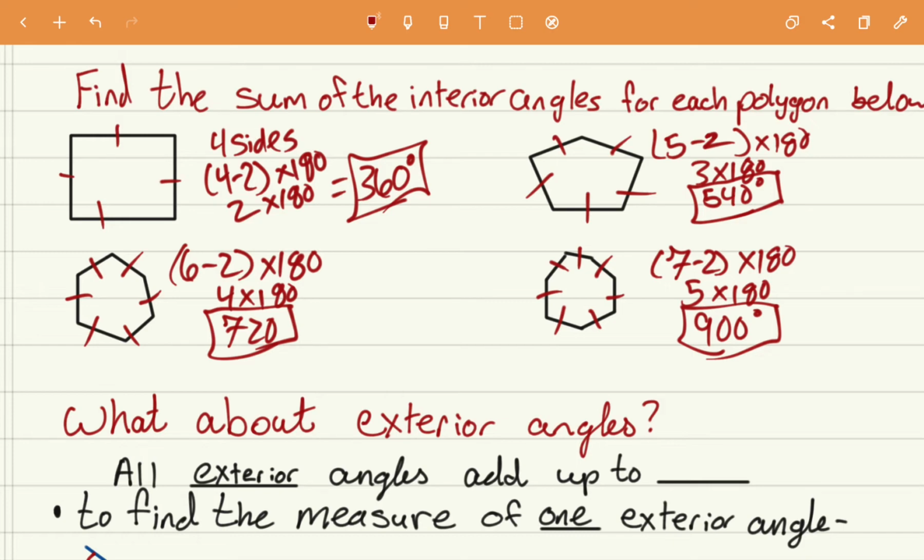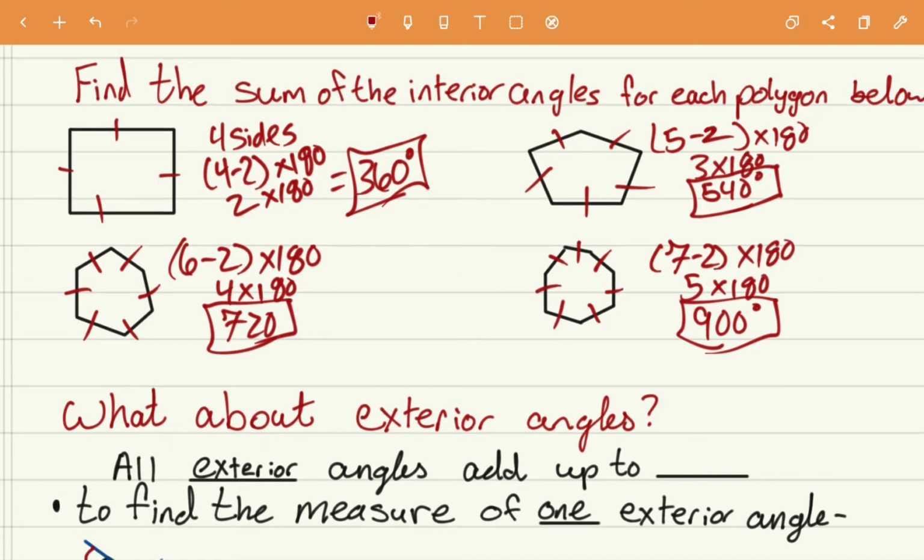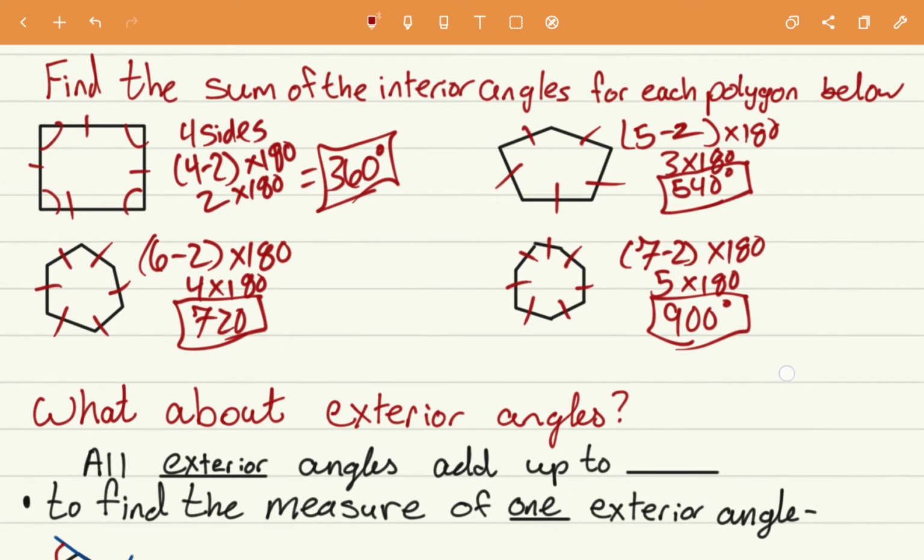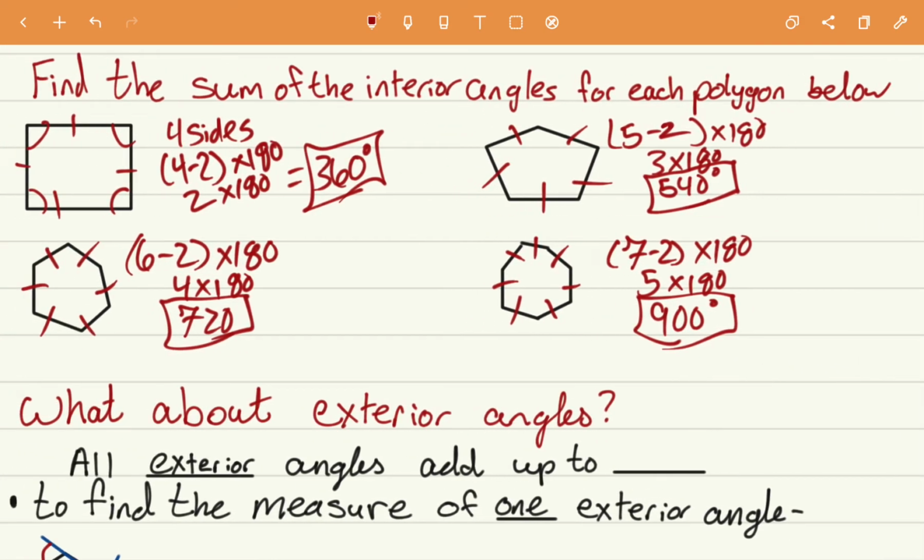So far, we have found the sum of the interior angles for each polygon below. Interior means inside, so we found what all the inside angles add up to. Quick side note, if you want to figure out what each angle equals, you could just divide by however many sides we have.